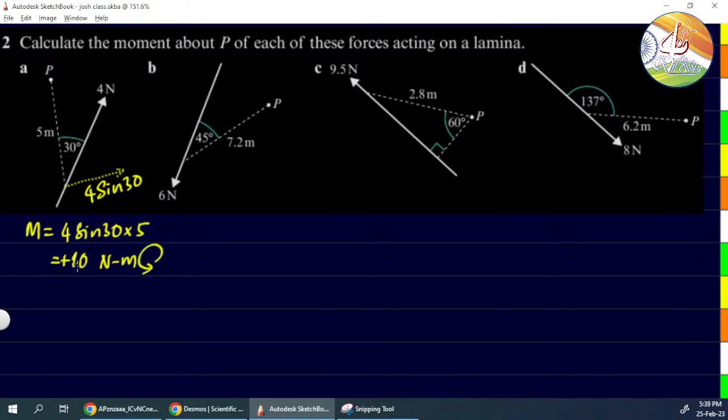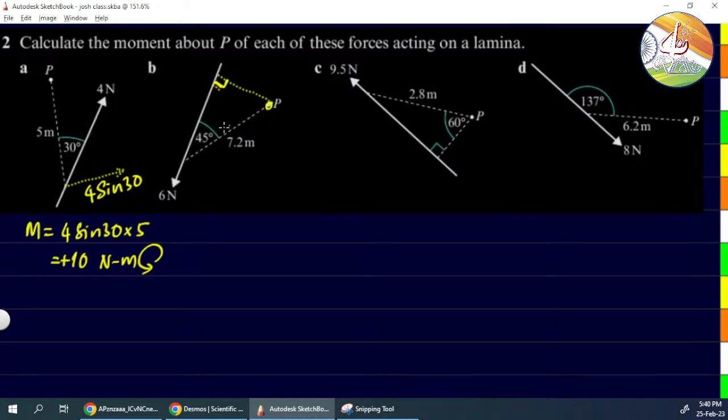Hence it is positive. Then this force. So once again we can find the perpendicular component, but if that is becoming complex for you, you can just go ahead and find the perpendicular distance, right? So whichever is appearing to be easy, we have to take that path because there is less chance of confusion there.